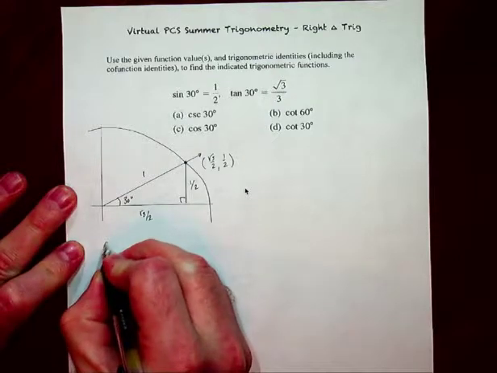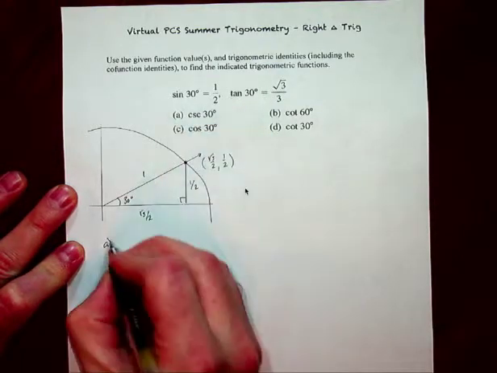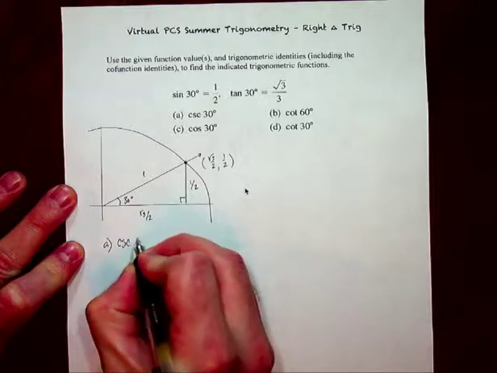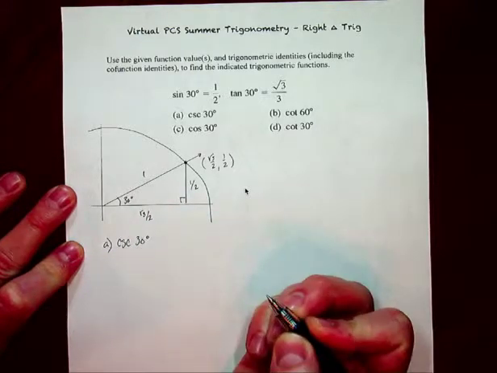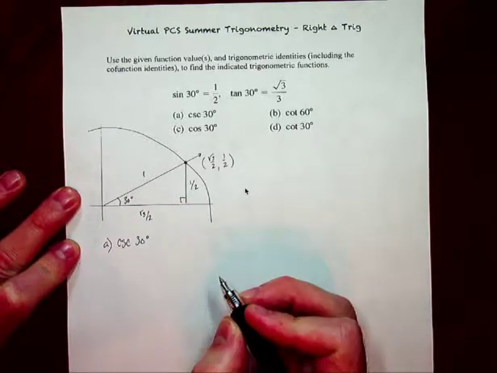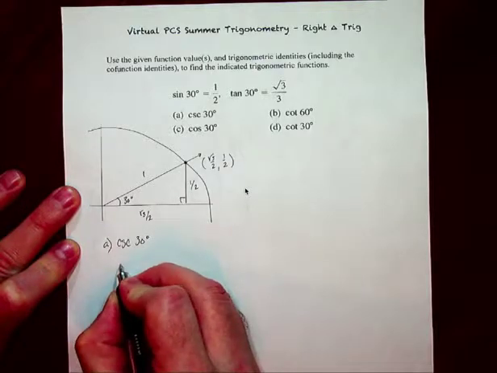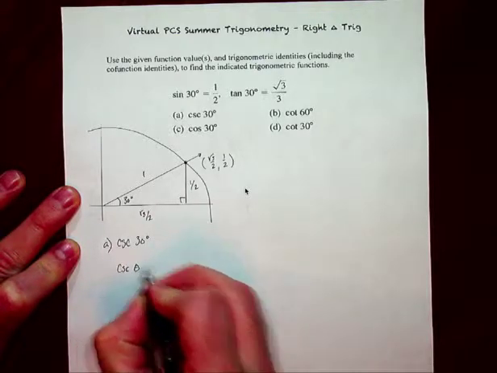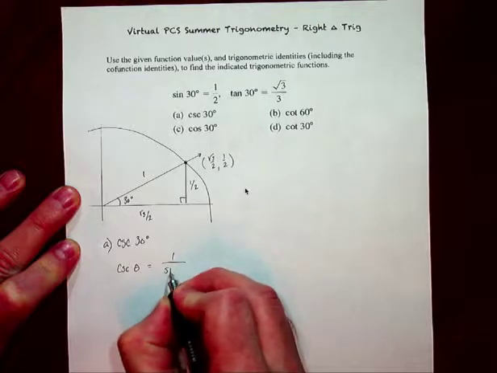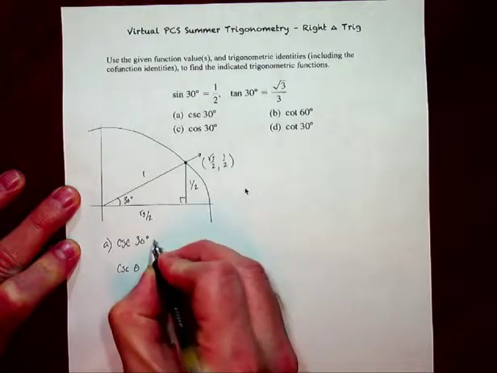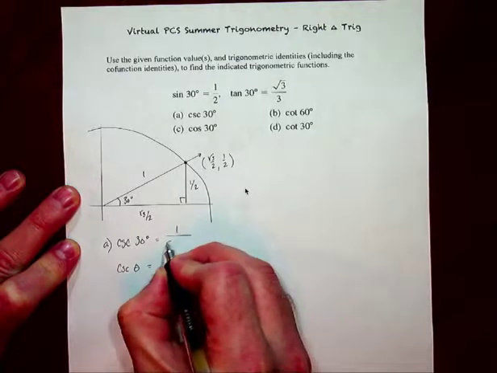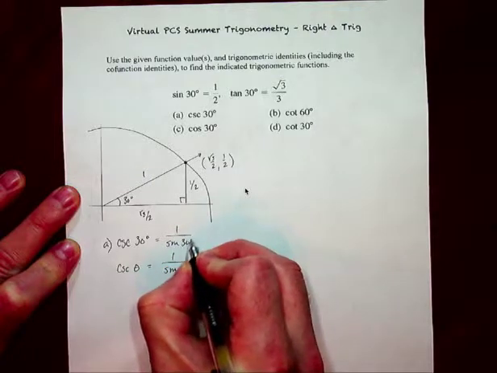Now, in part A, we're asked for the cosecant of 30 degrees. We know that by the reciprocal identity, cosecant of theta is equal to 1 over sine theta. That means this is 1 over sine of 30 degrees.